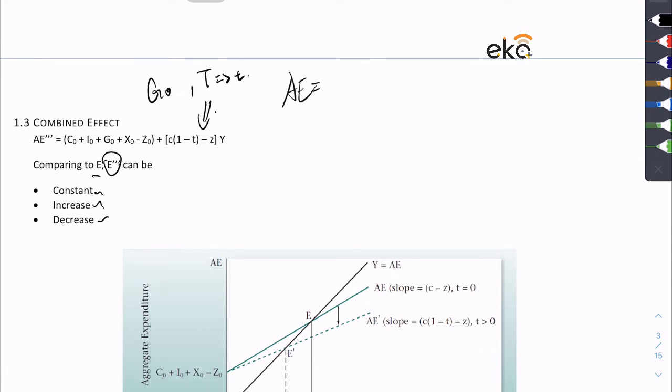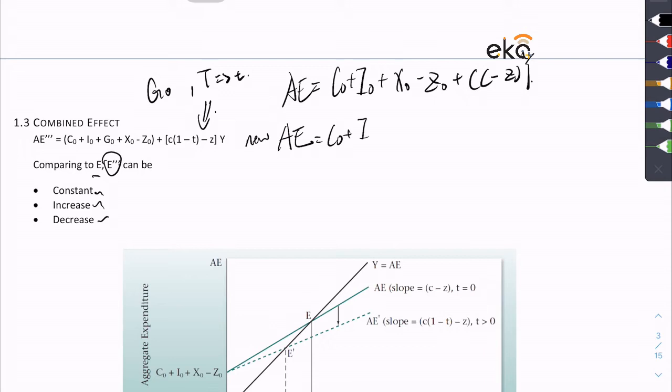The original function is AE equals C0 plus I0 plus X0 minus Z0 plus (C minus Z) times Y. Now we have a new AE function equals C0 plus I0 plus X0 minus Z0 plus G0 plus C times (1 minus T) minus Z times Y.